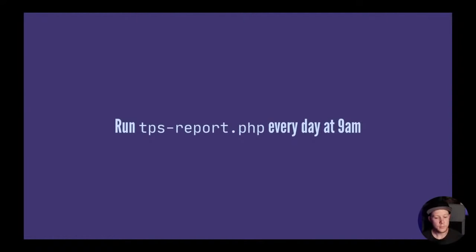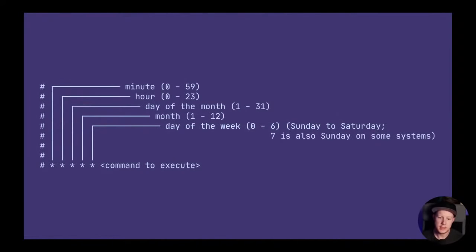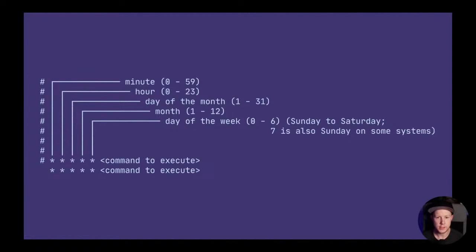So running the TPS report every day at 9 a.m. So we go back to this. There is a link in the previous slide. I'll have it in the show notes, I'll have it in the presentation notes as well, for where you can get this if you don't have this in your cron. And essentially what we want to do is copy that first line and remove the leading hash, the pound symbol. It's a comment.